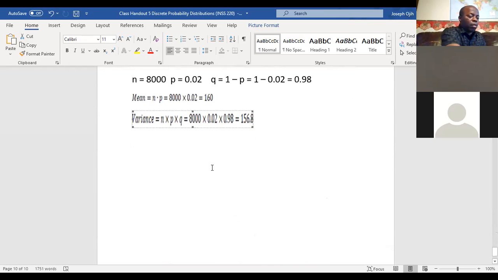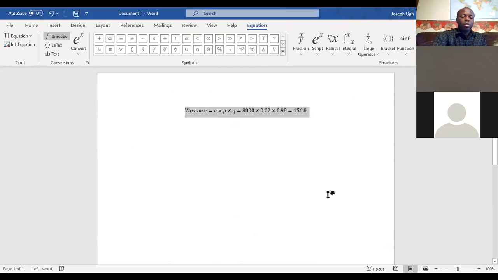So the standard deviation equals the square root of the variance, which is the square root of 156.8.